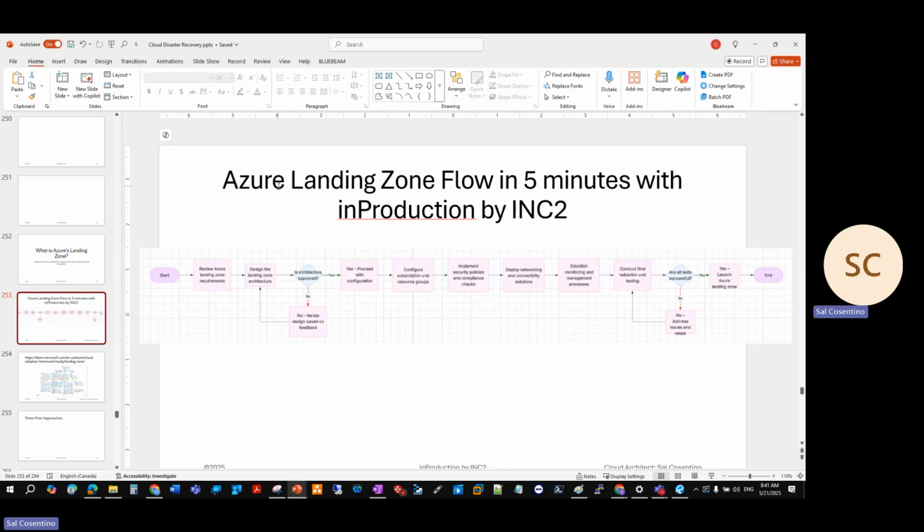In this flow, if yes, we proceed with the configuration, or if no, we go back and iterate the design based on feedback we get from our employees or from our departments or our CEOs or whoever's approval is needed in that aspect. Our landing zone architecture is scalable.